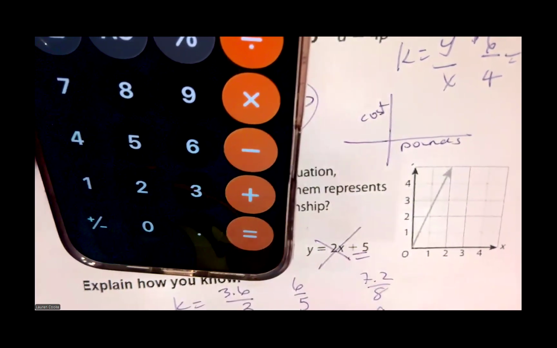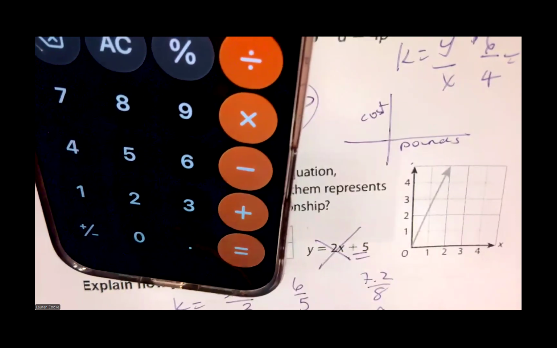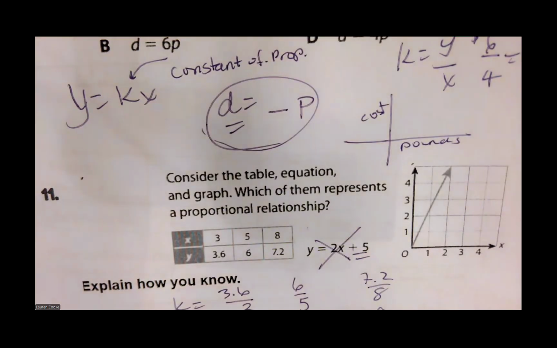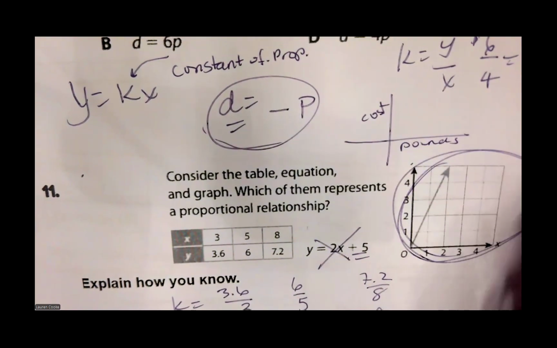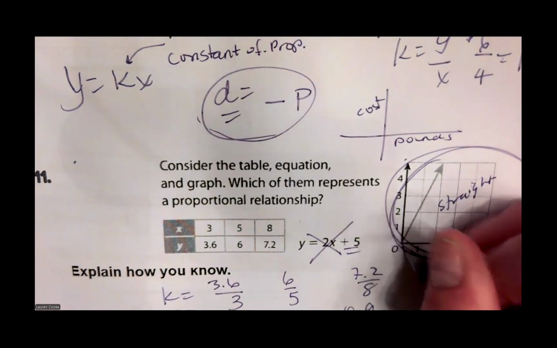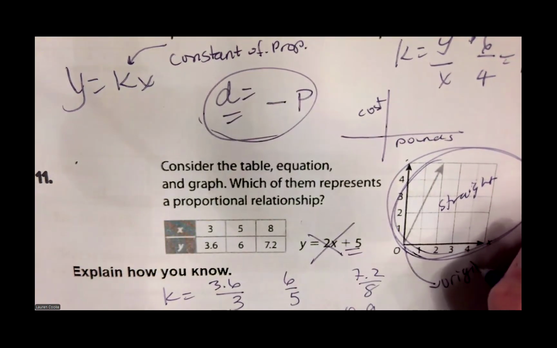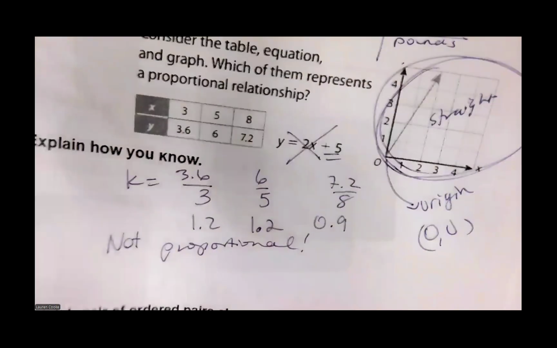So this cannot be proportional. Okay. So the only thing left that was proportional is the line segment, which has a straight line and goes through the origin, which is 0, 0, 0 of both quantities. Okay, that's pretty much it.